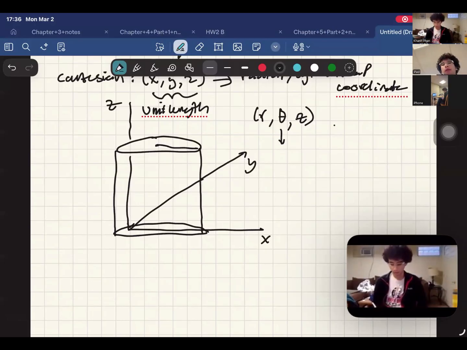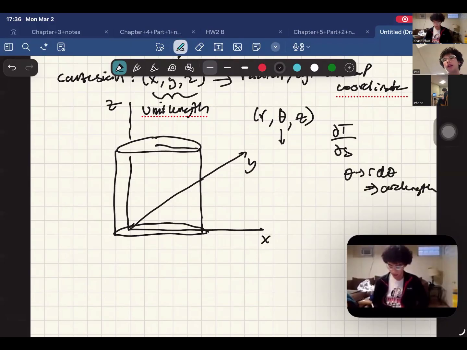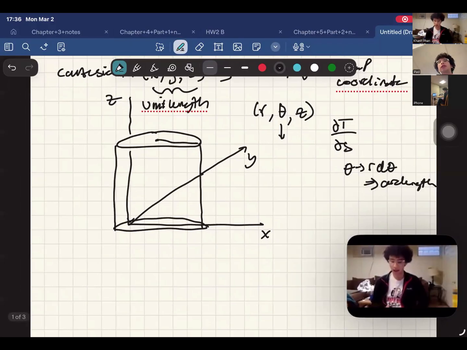When we find dT over ds, for distance, we're doing the change in temperature with respect to distance. So we need to convert this to distance, some kind of unit length. So we use r d theta to make arc length. That's how we establish the unit length for this.